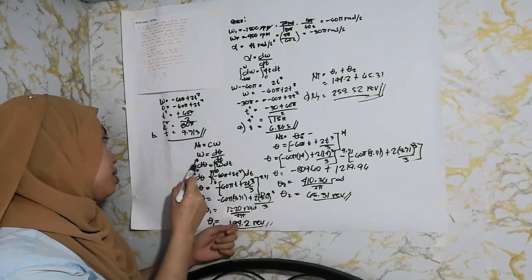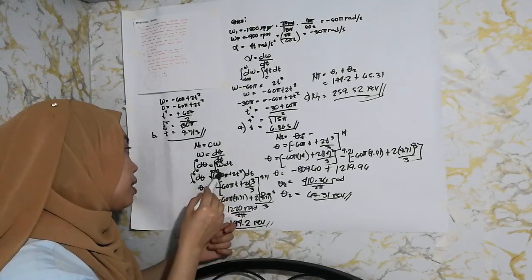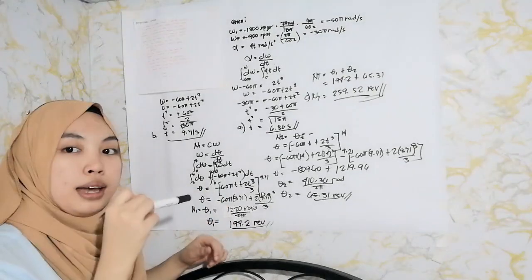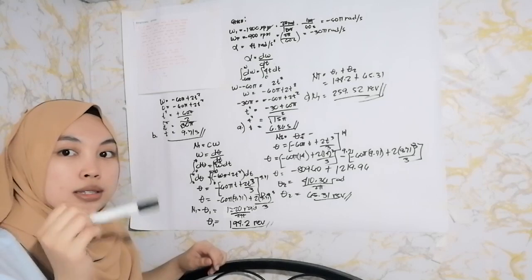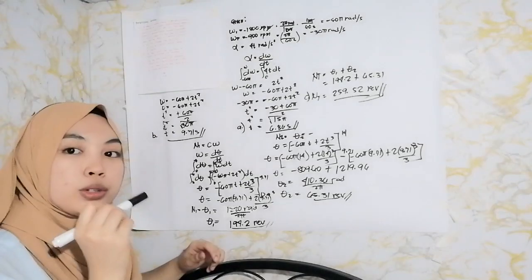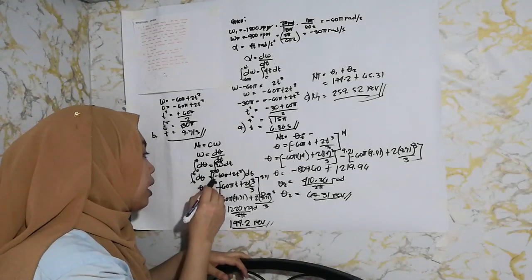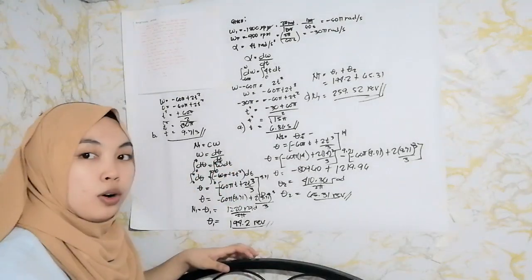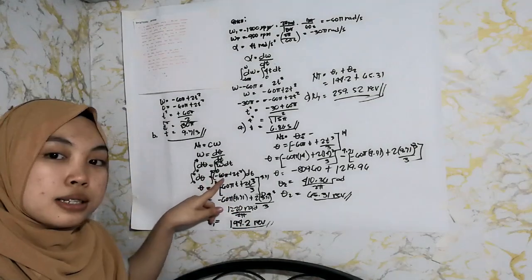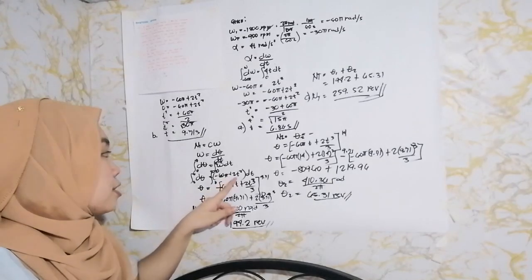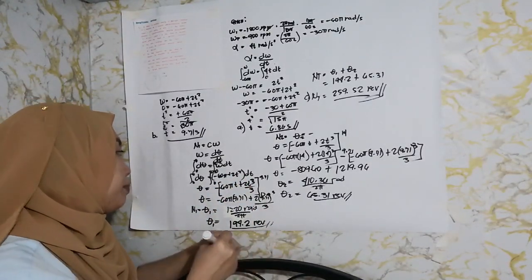Theta starts at 0, and the time runs from 0 to 9.71, which is the time of clockwise rotation. We substitute the value of omega, which is negative 60 pi plus 2t squared, and dt.